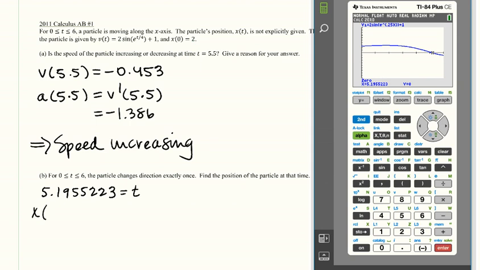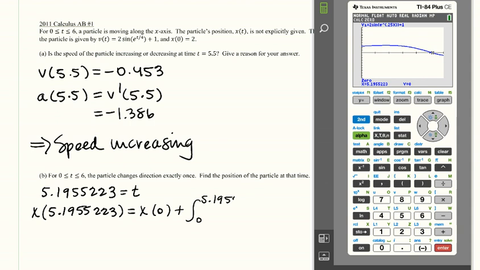So x of, I'm going to find this value by saying, okay, f of b equals f of a, and they told us x of 0 plus the integral from 0 to 5.1955223 of velocity.